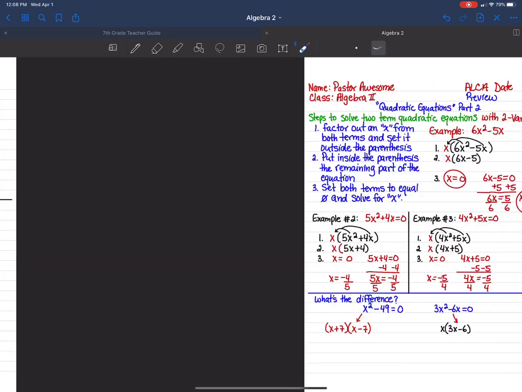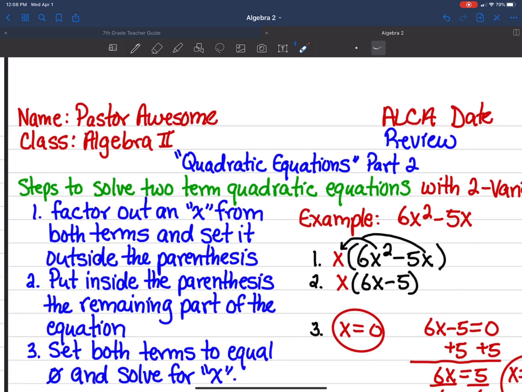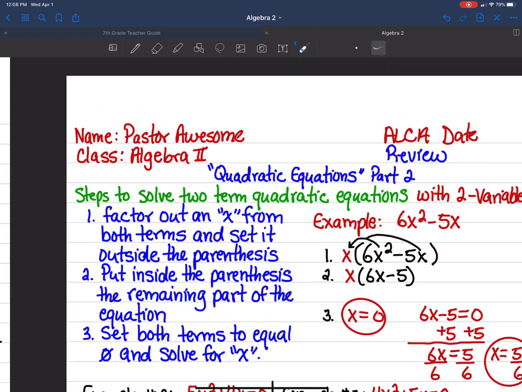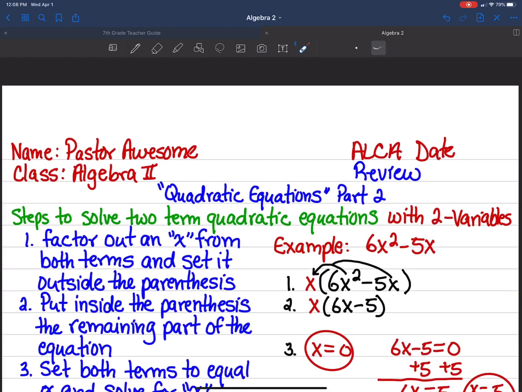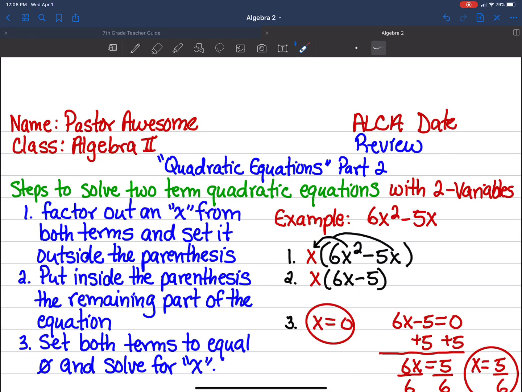We're going to try to do this as quickly as possible. Today we are looking at quadratic equations part 2, the sequel. Ta-da! Today we're going to be looking at the steps to solve two-term quadratic equations with two variables.